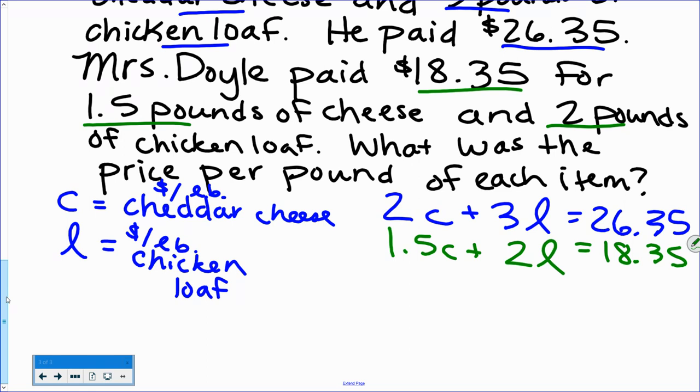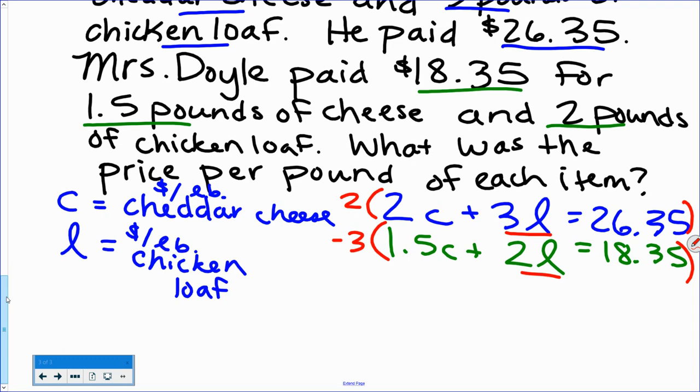I probably would multiply the top equation by 2 and the bottom equation by -3 is my instinct. So I'm multiplying each equation by something different. I'm doing that to eliminate the L's because I'm going to get a +6L on top and a -6L on the bottom. And then when I add them together, they would cancel out.